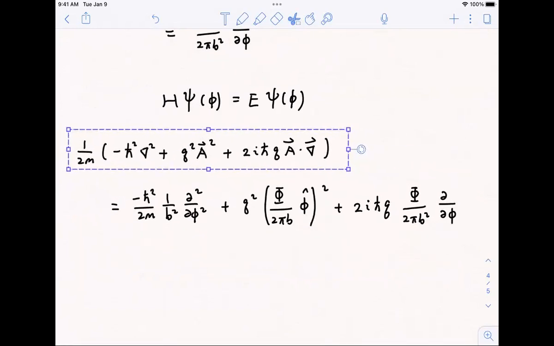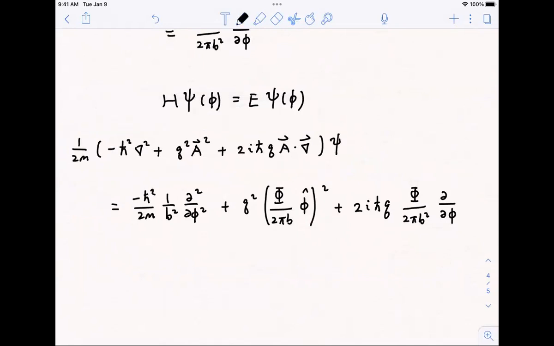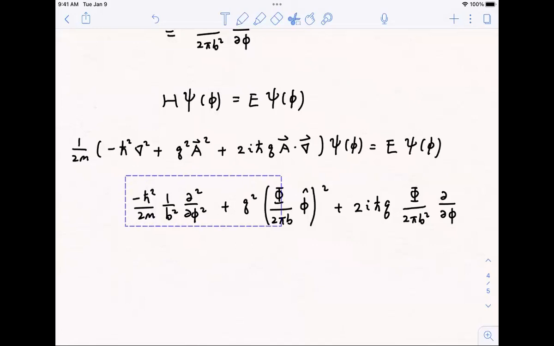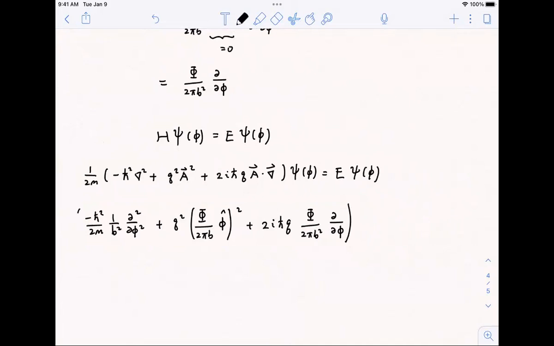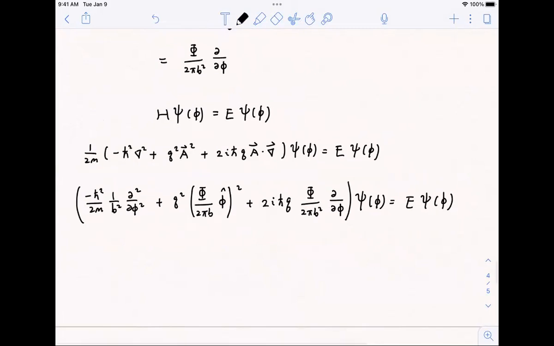So that means this one equal to E. And then, okay, so now we're going to simplify it. Now we're going to simplify it. So first, we're going to multiply this thing on all of them.